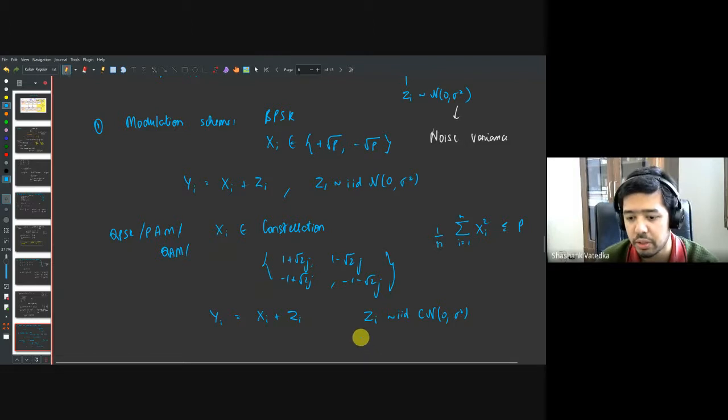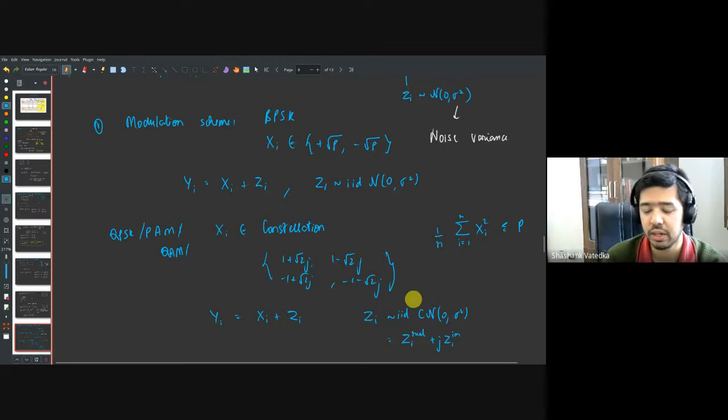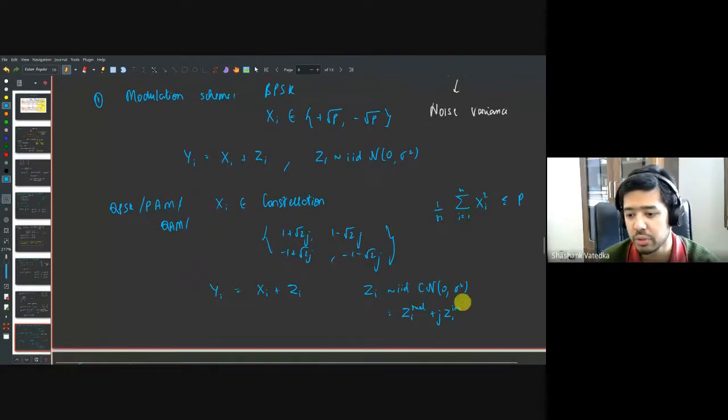So basically you can write this as zi real plus j times zi imaginary, where zi real and zi imaginary are both IID real Gaussian random variables with mean 0 and variance sigma square over 2.